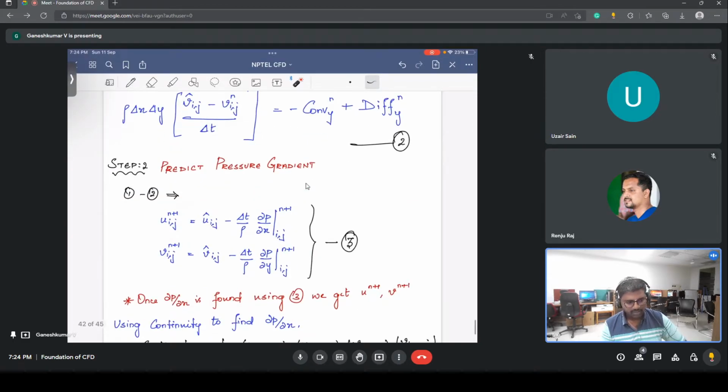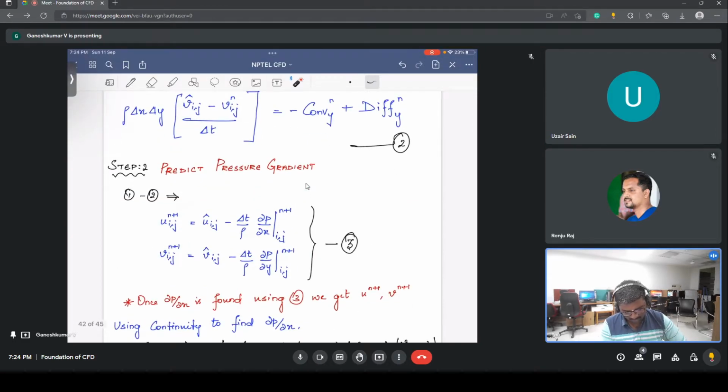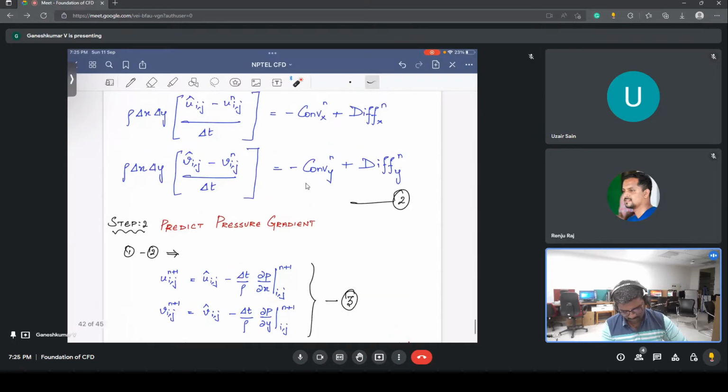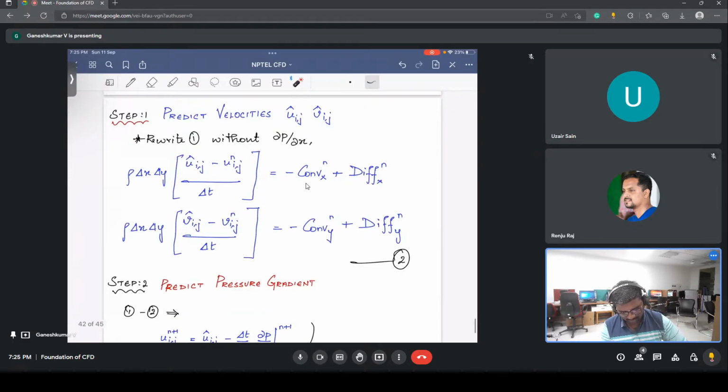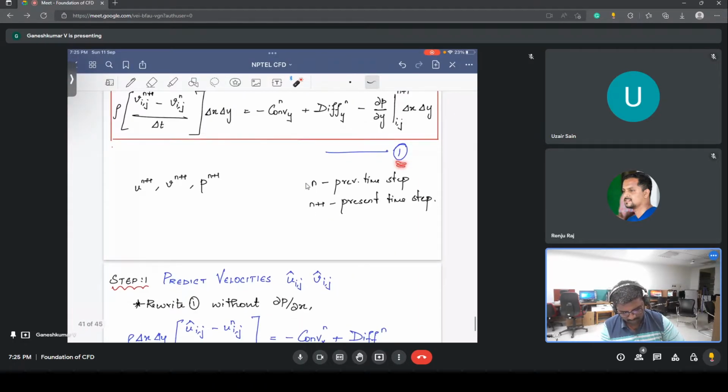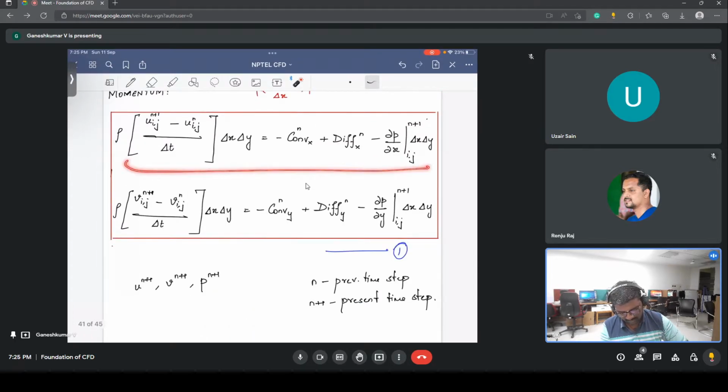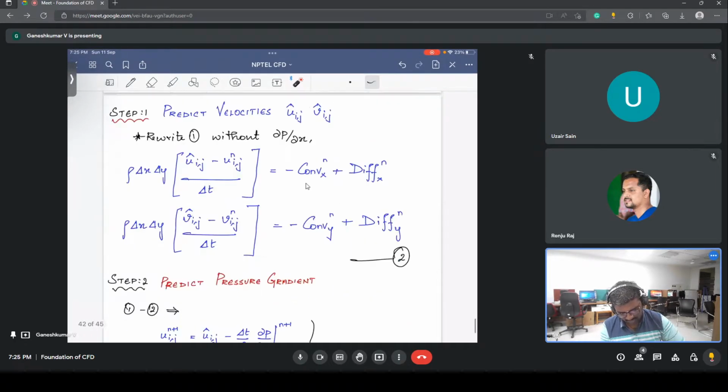So now we need to predict the pressure. Before predicting the pressure, we will find the velocity u^(n+1) in terms of the predicted velocity. What we are going to do is take the first equation and subtract the predicted velocity equation from it.